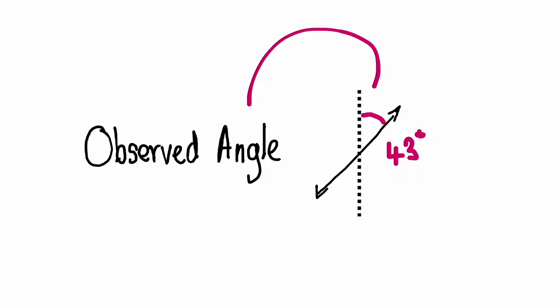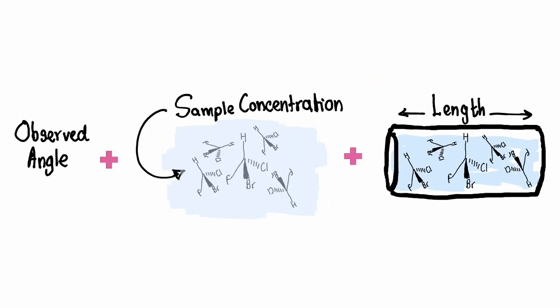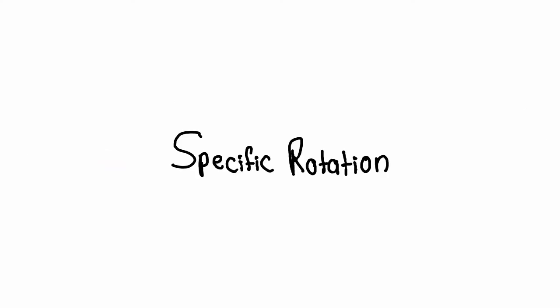The observed rotation, along with the concentration of the sample and the path length of the sample cell, is used to calculate the specific rotation of the substance. Specific rotation is a standardized value that represents the optical activity of a substance.